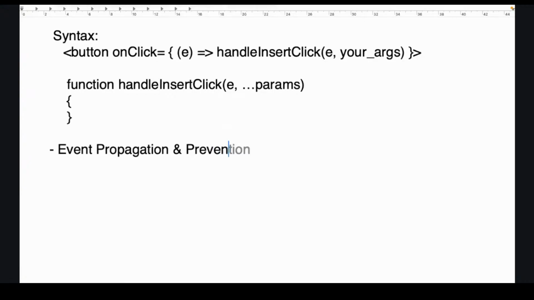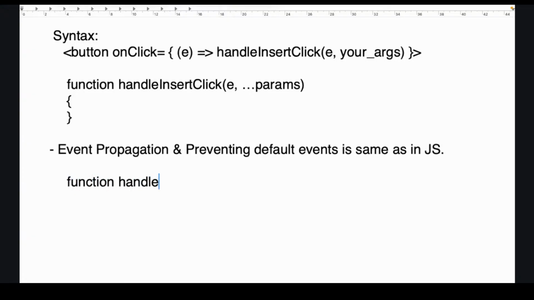And preventing default events is the same as in JavaScript. So that means you have to use a function, some handle event, E. By default, E will come. E dot stop propagation.